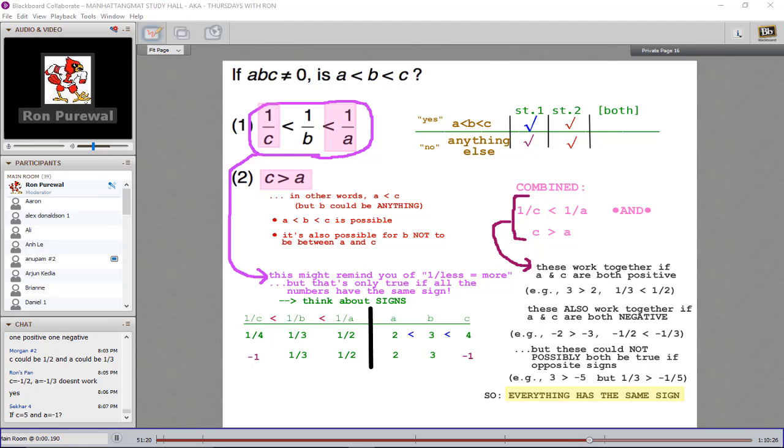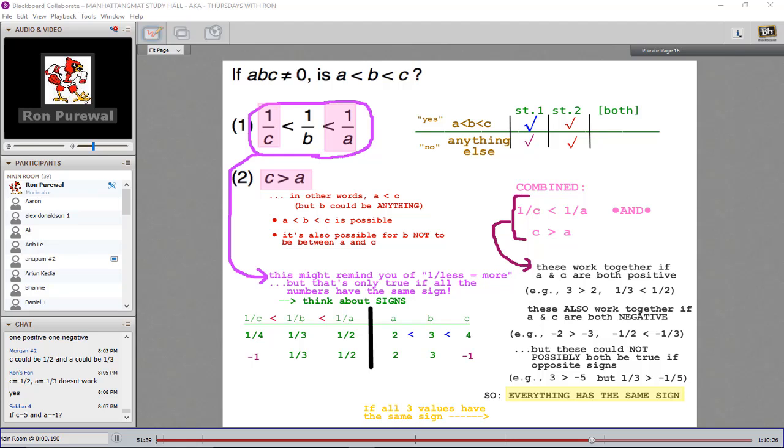So if everything has the same sign, then that relationship of 1 over less is more is going to work. If all three values have the same sign, you bet it will.